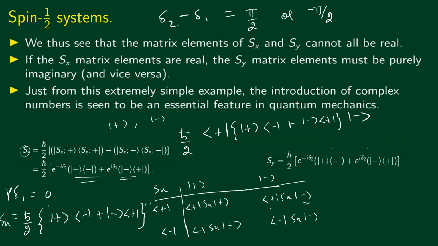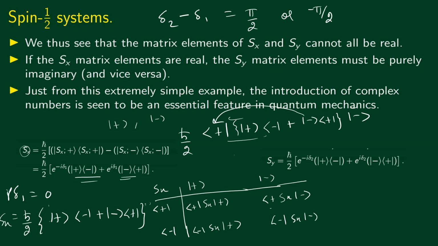Now I can combine these terms. These two combine to give 1. So this becomes h bar by 2 multiplied by 1, plus this gives you 0, because ket minus combines with bra plus to give 0. So you see that this matrix element is simply h bar by 2.